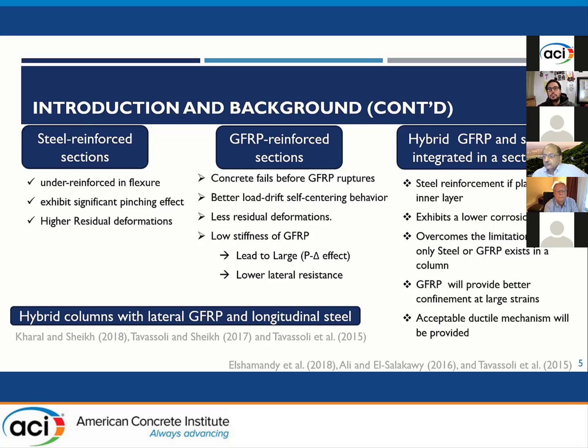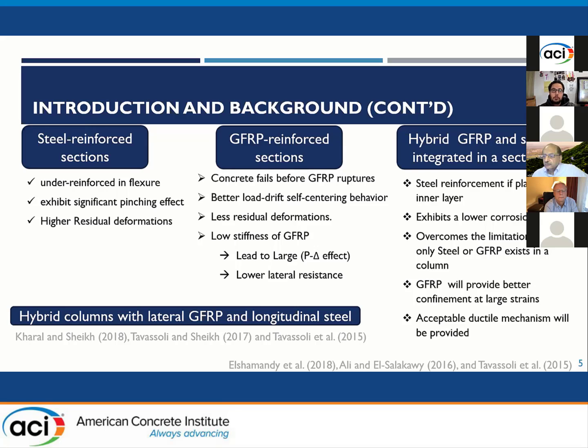If we have a hybrid GFRP and steel section, and I was lucky, or maybe not so lucky, to come and present after Dr. Sheikh, the term hybrid has been used when GFRP spirals are provided while the steel longitudinal reinforcement is carrying the capacity of the section.